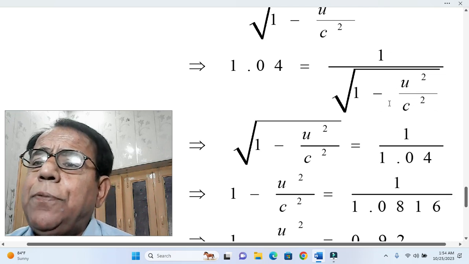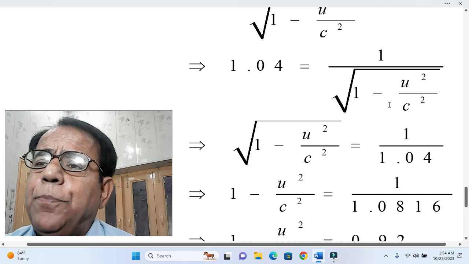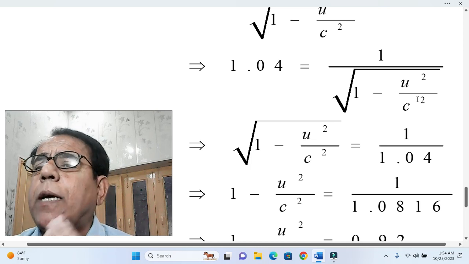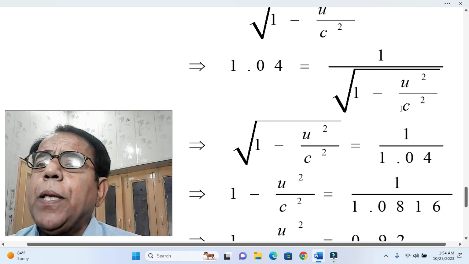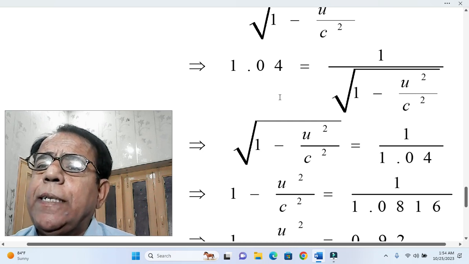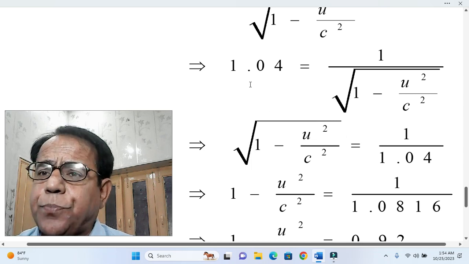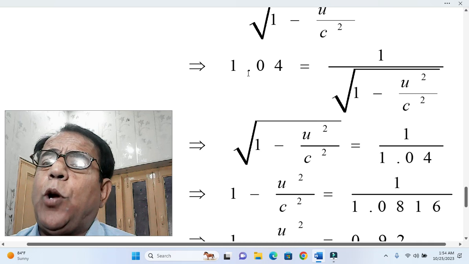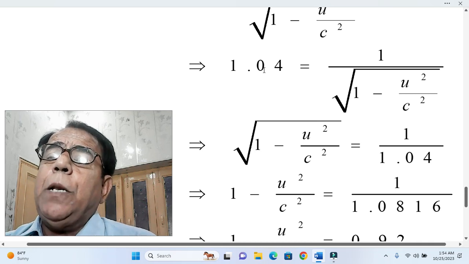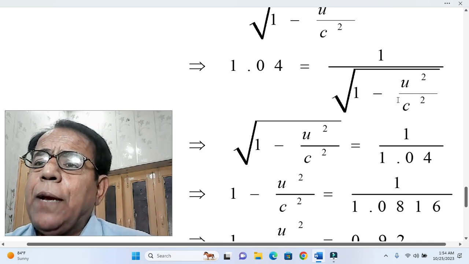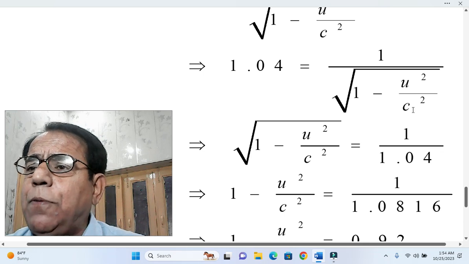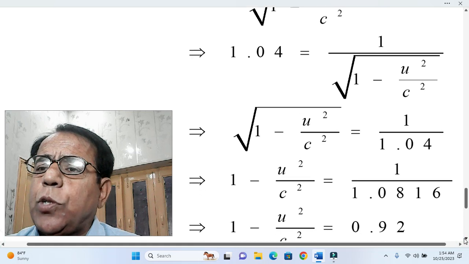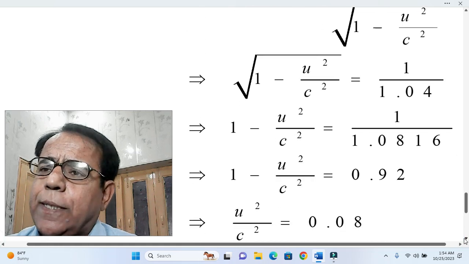This implies that if we shift the square root of 1 minus u square over c square to the other side of equality, then it will be in the numerator instead of the denominator, and 1.04 will be divided on 1. So 1.04 will be shifted to the denominator, while 1 minus u square over c square will be shifted to the numerator, and hence the square root of 1 minus u square over c square becomes equal to this over this.